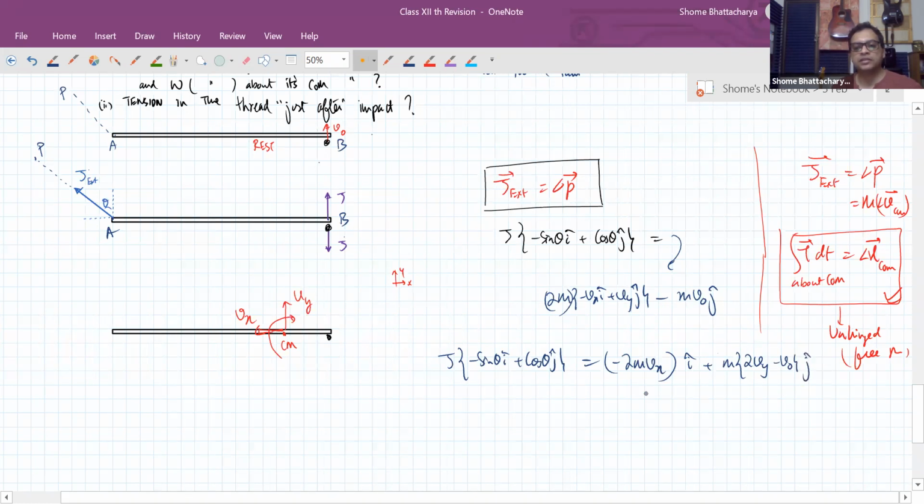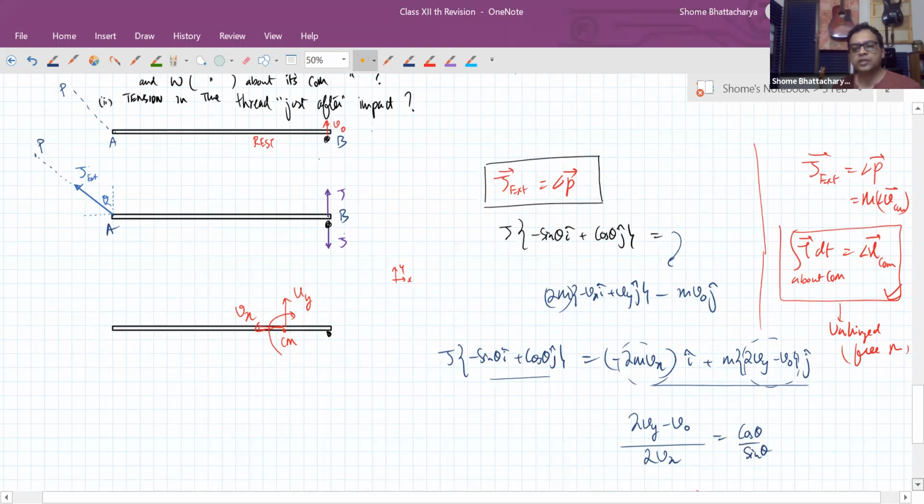So when we compare the two unit vectors, this one's unit vector must be the same as this one's unit vector. So this term divided by this term should be this by this. So 2vy minus v naught divided by 2vx should be equal to cos theta divided by sin theta.